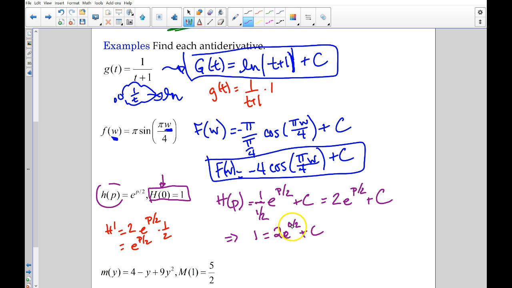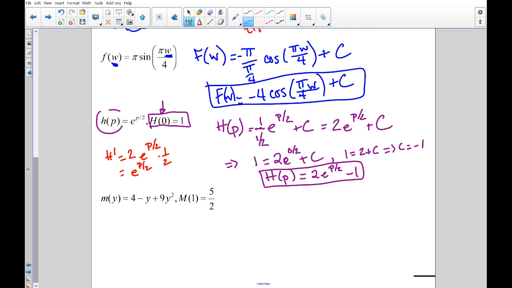Anything to the 0 power is 1, so 1 is equal to 2 plus c, or c is equal to minus 1. So my specific antiderivative, capital H of p, is 2e to the p over 2 minus 1. Applying the initial condition is just algebra, and always make sure to rewrite your specific antiderivative with that value of c in there.